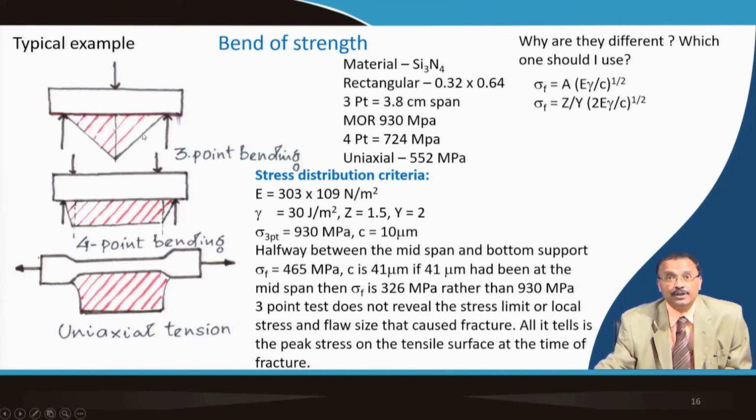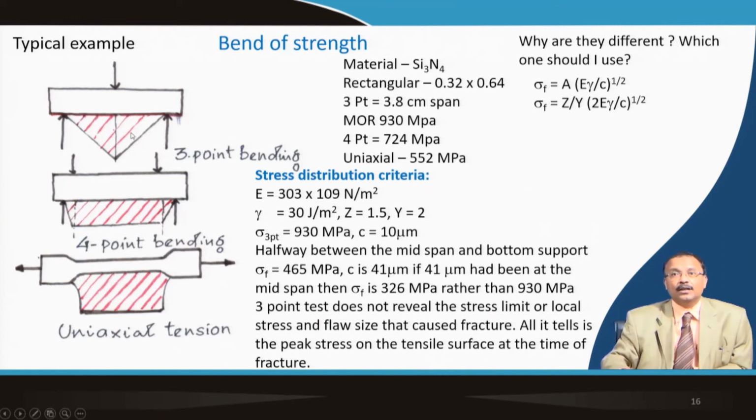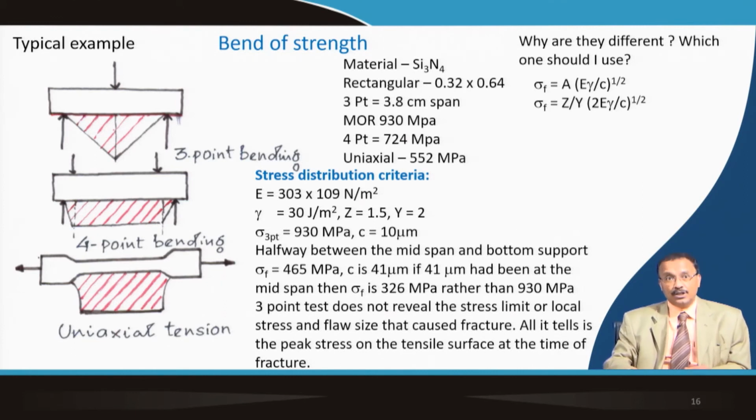So, the MOR was measured as 930 megapascal. If you do the same experiment in case of 4-point, the value is reduced to 724 megapascal, and if you do the same sample in uniaxial strength measurement, the value is reduced to 552 megapascal. So, there is a wide variation.